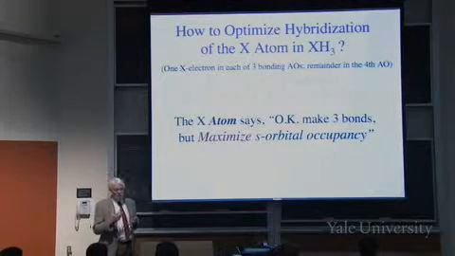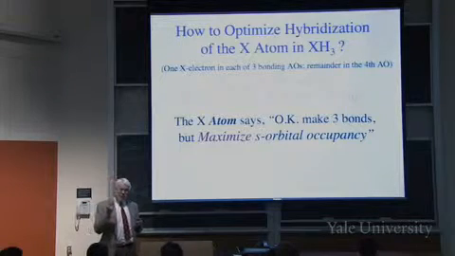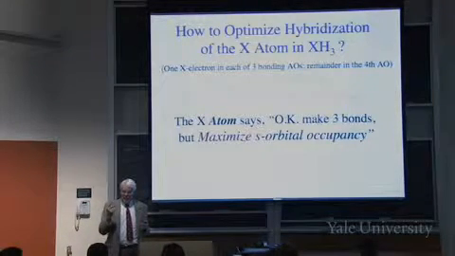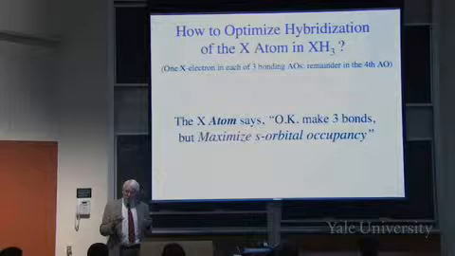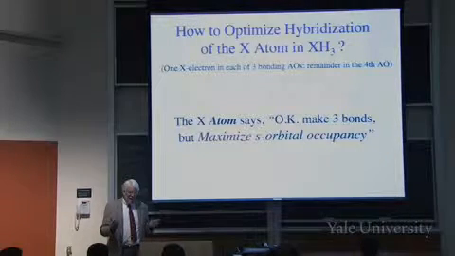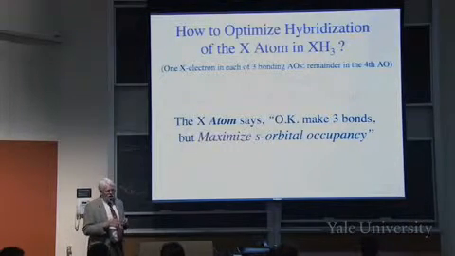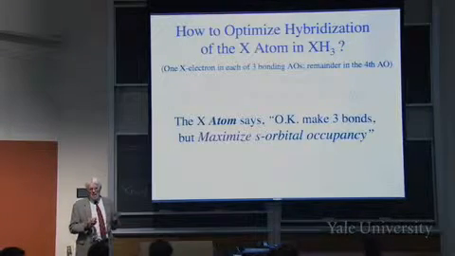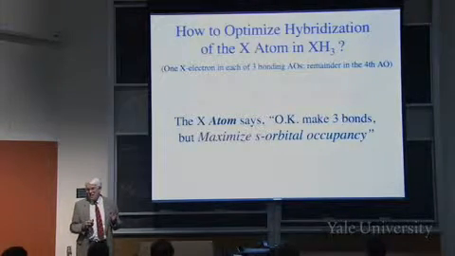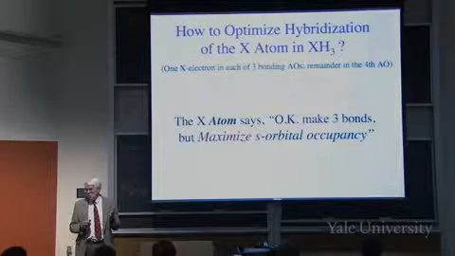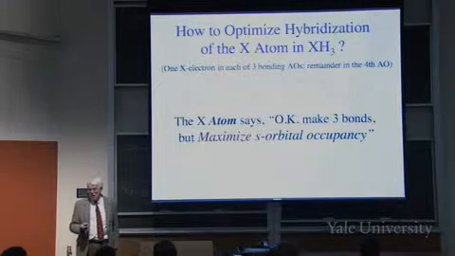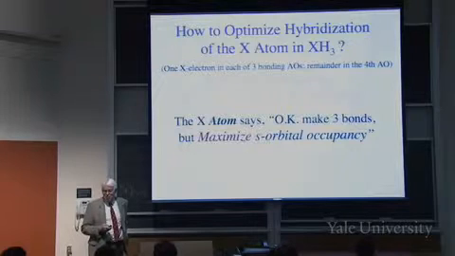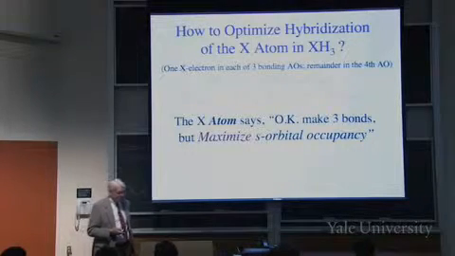So what's the lowest energy you could make for a pair of electrons or for a single electron? What's the lowest energy valence orbital? S. So the atom says, okay, make your 3 bonds, but make sure you don't let S orbital go begging, right? Use the maximum you can of S orbital, because otherwise you're using high energy atomic orbitals when you might not need to.